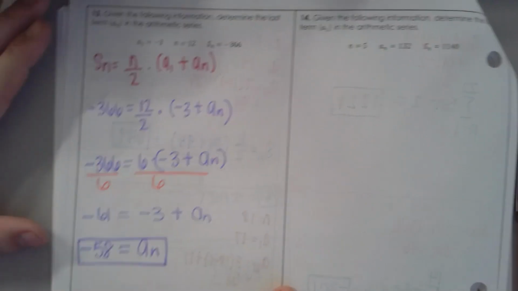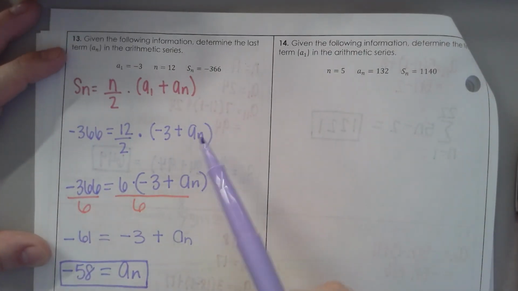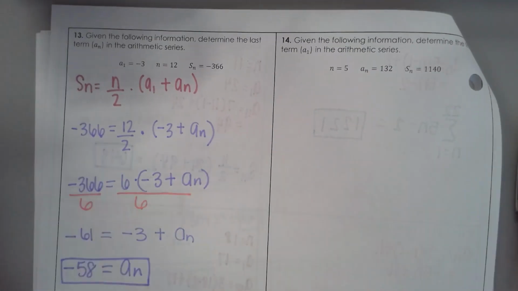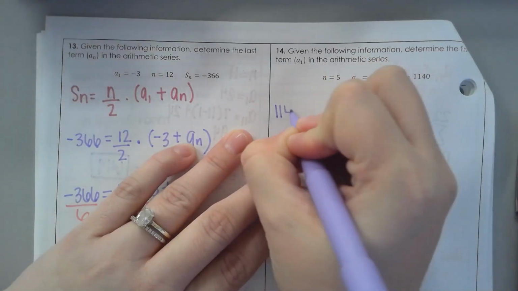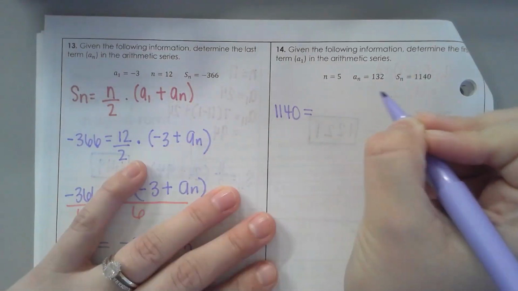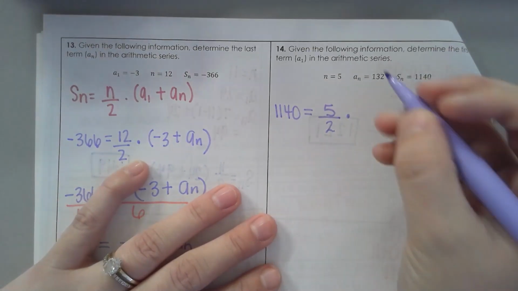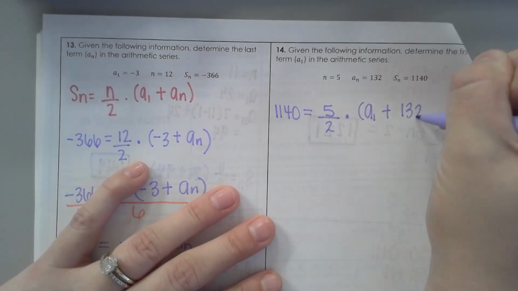And number 14 is basically the same as 13, except I gave you an and not a1, but the process is identical. So it's 1140 equals 5 divided by 2 times a1 plus 132.